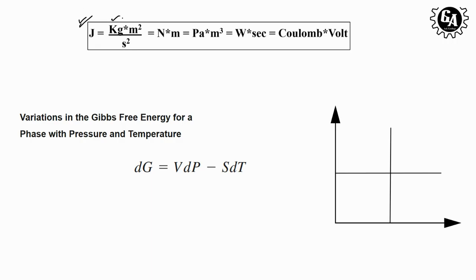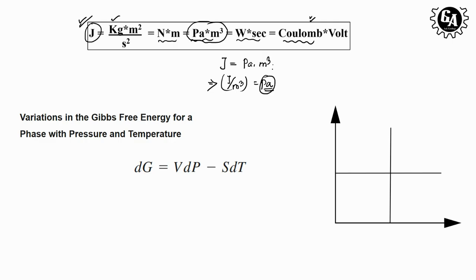Joule is equal to kg meter square per second square, which is equal to newton meter, equal to pascal meter cube, equal to watt second, equal to coulomb volt. What we need here is the joule and pascal relation: joule is equal to pascal into meter cube, so joule per meter cube is equal to pascal.